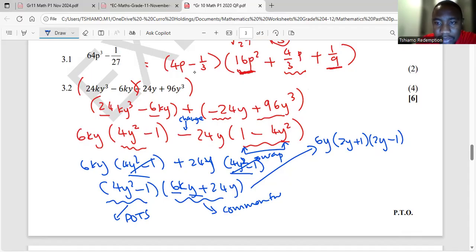If I take out 6y here, what am I left with? k. And then here, what am I left with? The y is out, then I'm left with 4. Okay, now this should be fully factorized now. Okay, moving along.